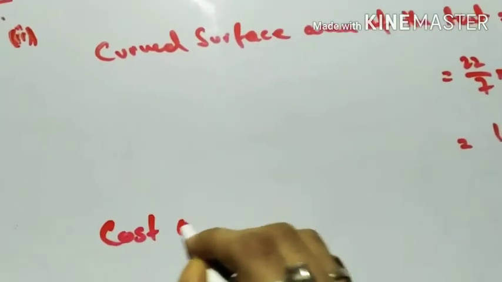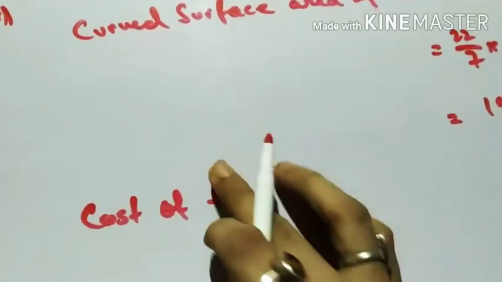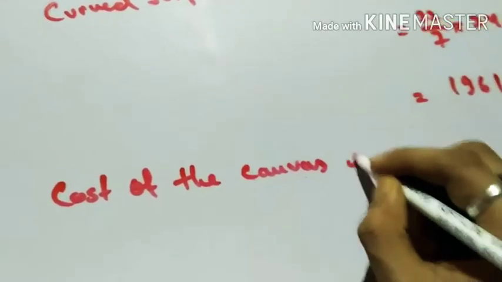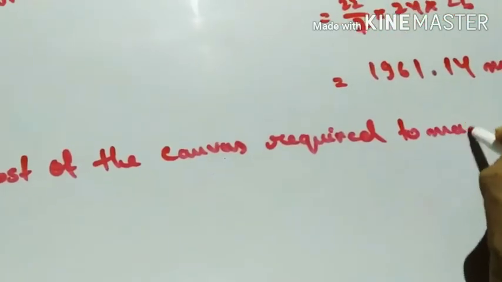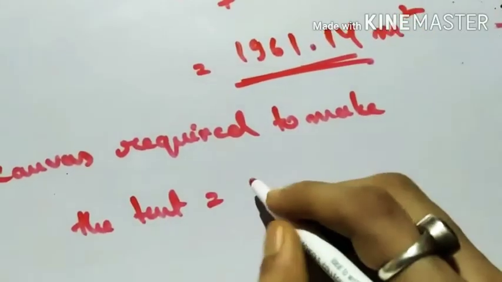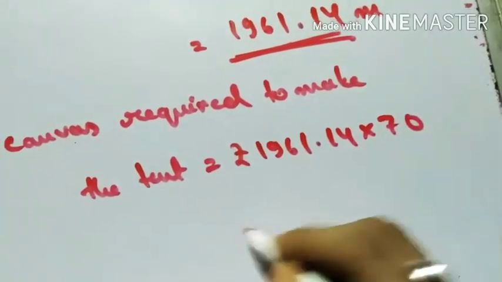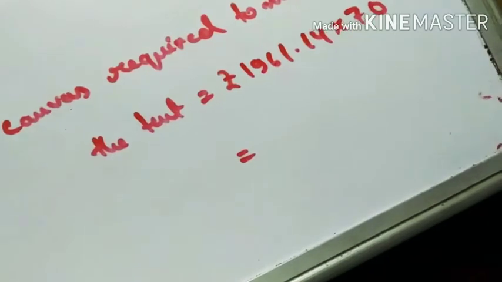So therefore now the cost of the canvas required to make the tent. Okay, cost of the canvas required to make the tent, it will be equal to, 1 meter square cost is 70. So this much meter square cost will be how much? It will be rupees 1961.14 into 70.